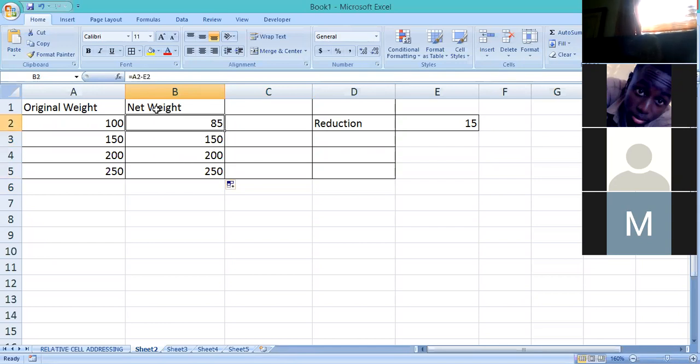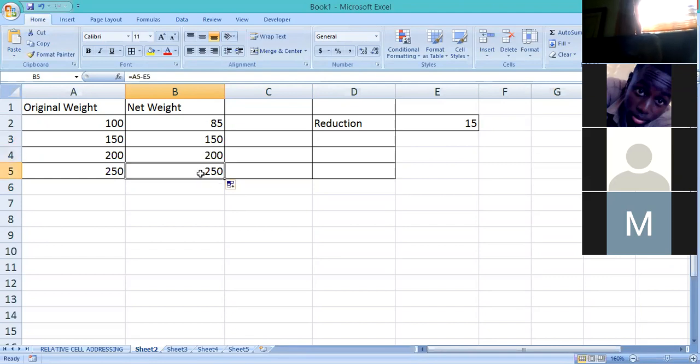Because this first one was A2 take away E2, it's going to change this one too, because it automatically changed the cell address. So if this is A2 take away E2, the next one is going to be what? A3 minus E3. And this one is going to be what? A4 minus E4.